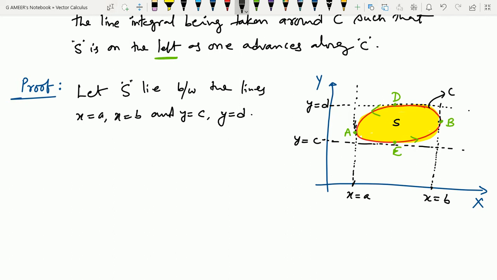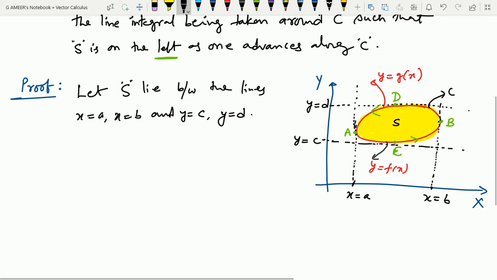The curve equation of AEB will be y is equal to f of x, and the other curve equation will be y is equal to g of x. You can call AEB curve C1, and the other part curve C2.